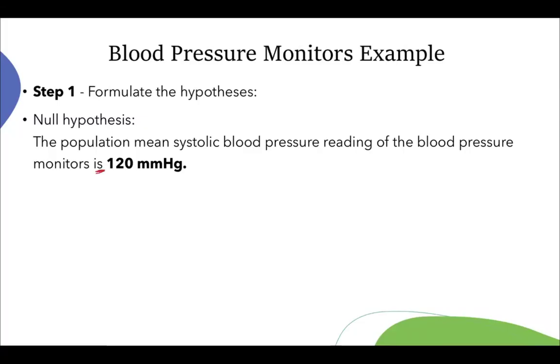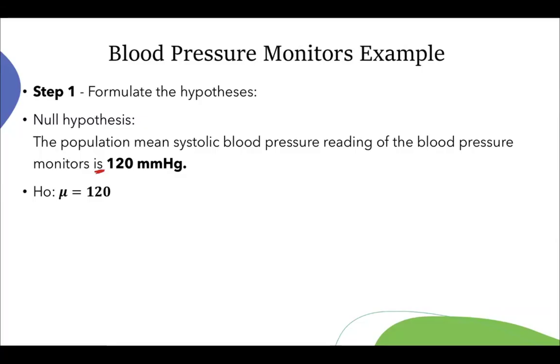We're making the assumption that the monitors do what they say. They have a mean of 120. And that's the assumption. In symbols, our null hypothesis is expressed as mu equals 120.